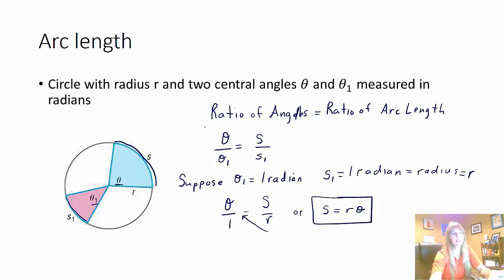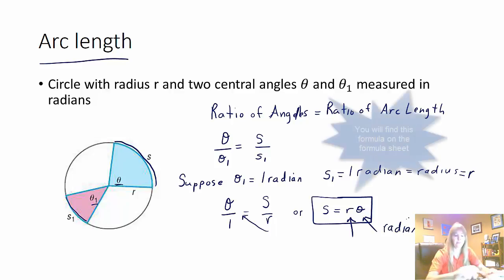Once again, this is the formula for arc length. If you're given an angle and the radius, you simply plug these two in, and please don't forget your angle needs to be in radians.